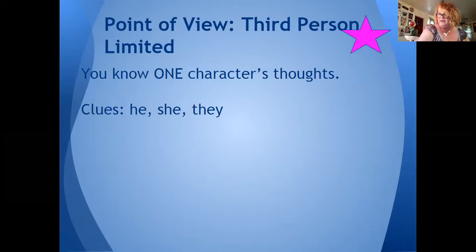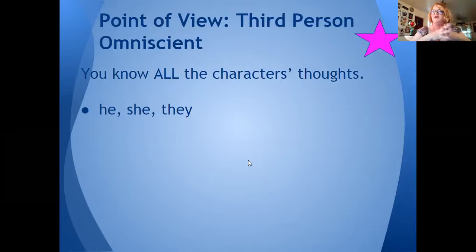He, she, or they. Omniscient knows everybody's thoughts, and it's still he, she, or they. So you have to know, like, if you're first person, you're I, me, my. Okay, easy. Third person's he, she, they. But do they know just one person, or do they know everybody in the story? If they know everybody in the story, that's omniscient. Okay.